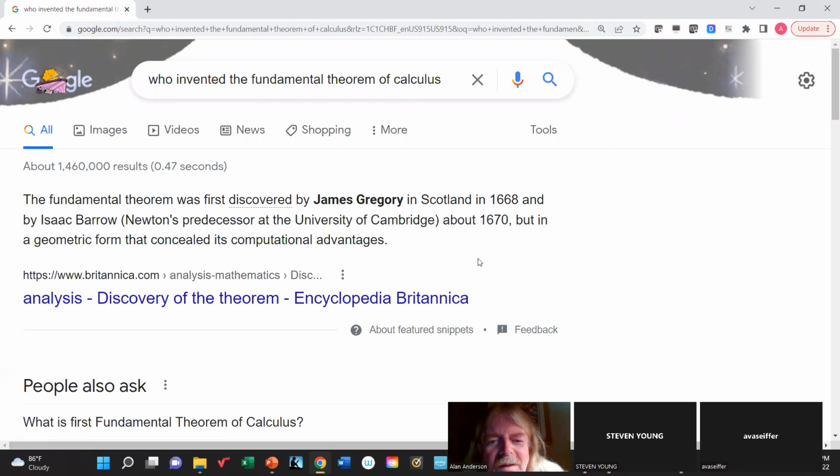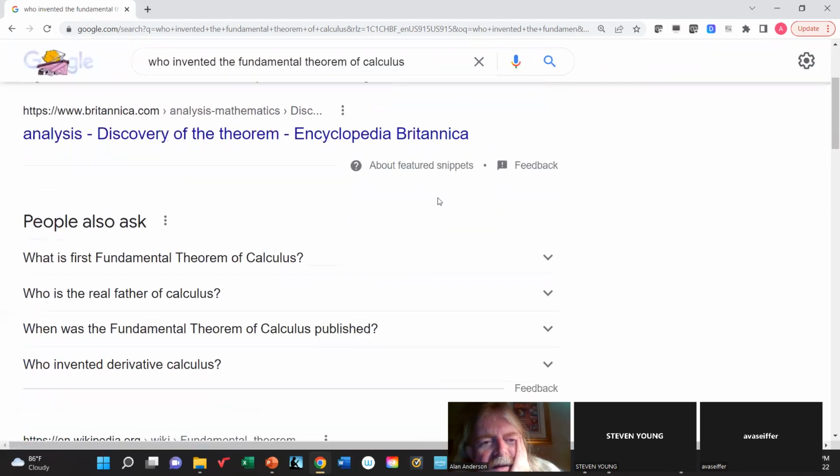Oh, well, what do you know? There is a name attached to it. It was first discovered by James Gregory in Scotland in 1668, and also Isaac Barrow, who was Newton's predecessor at Cambridge, but in a geometric form that concealed its computational advantage. So in other words, it was focused on the rectangles, and so it wasn't immediately obvious how much time this could save us. Well, now we know.